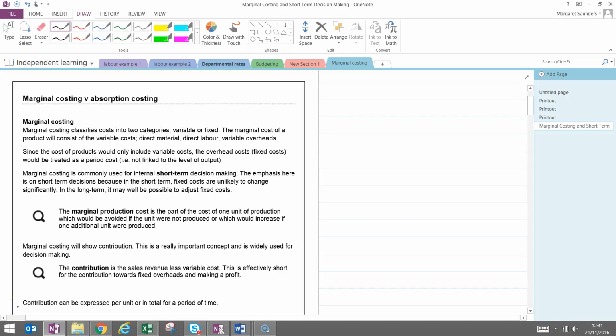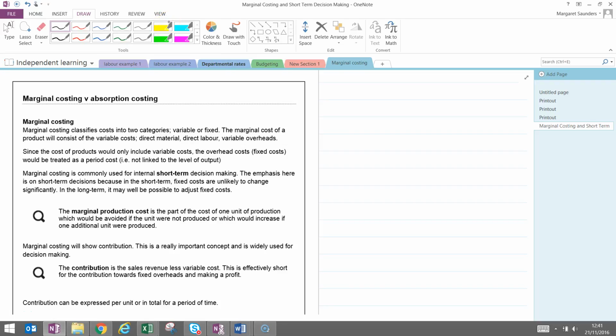This recording is going to look at marginal costing, which is a technique that is used for short-term decision making. Within marginal costing, we classify costs into two categories, variable and fixed.